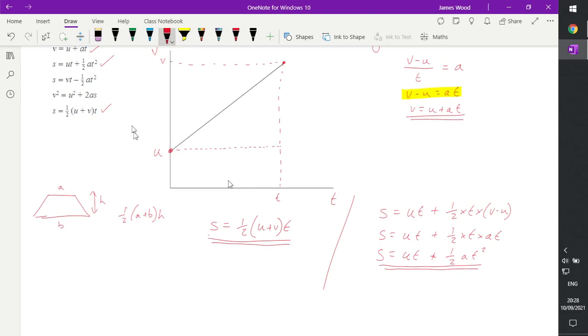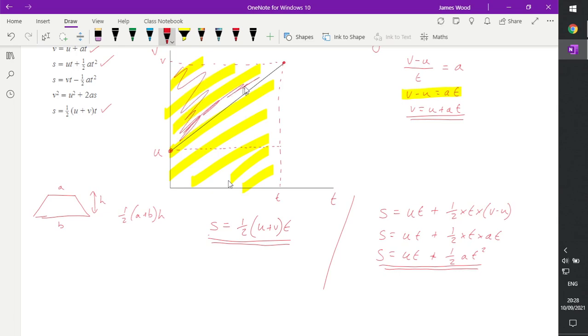Now, another way we can find the area is by considering the big rectangle, so this whole rectangle shape here, and then subtracting this triangle.